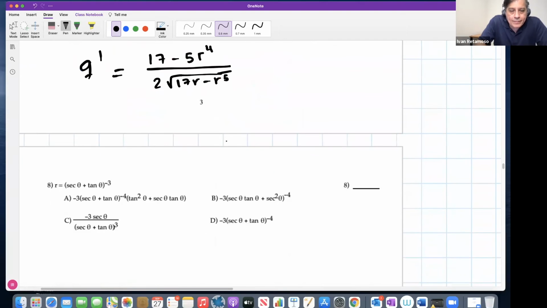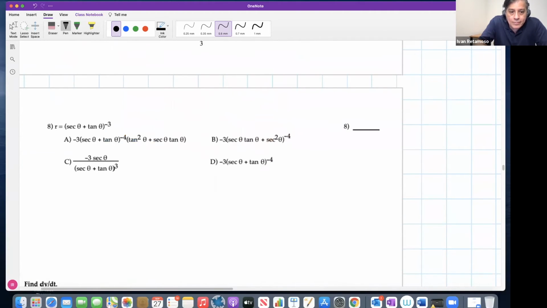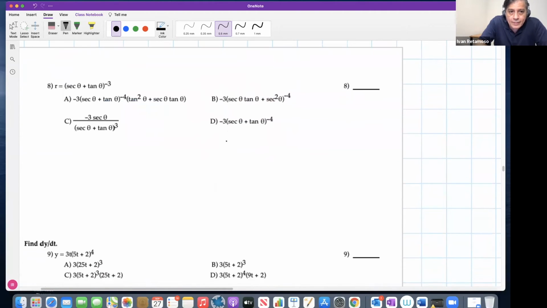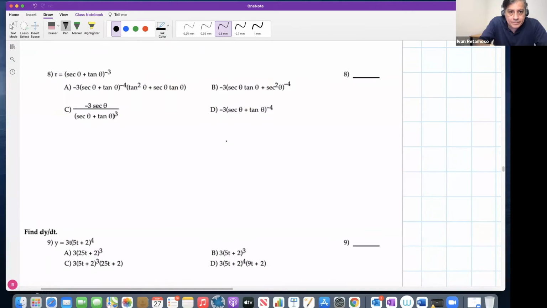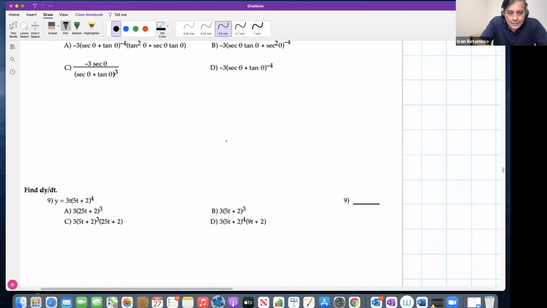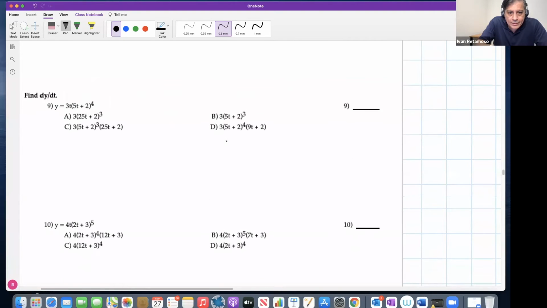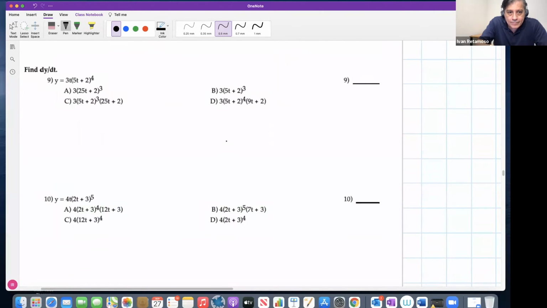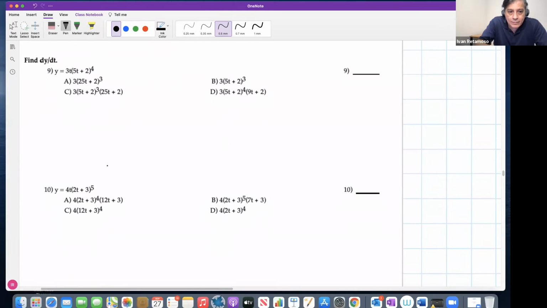Very good. So now there are some other forms that require some tricks. But first, let me ensure these 2 forms. Let's go over first this form. There are 2 problems here. I'm going to do the first one and let you do the second one.